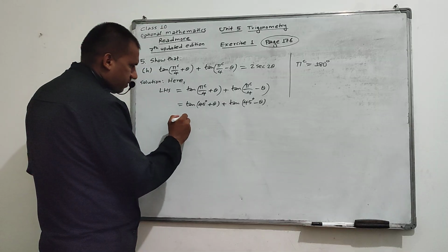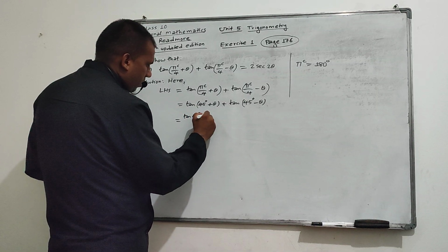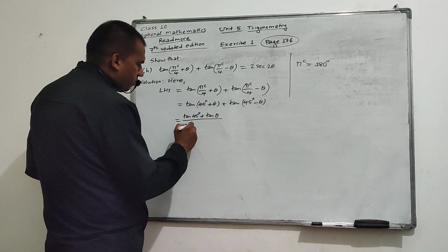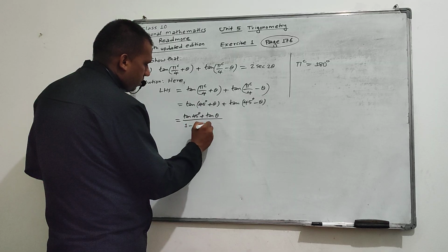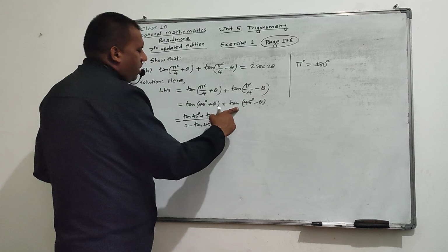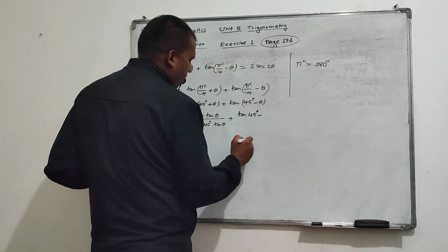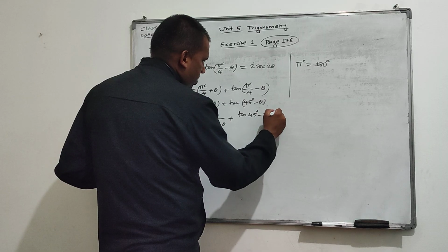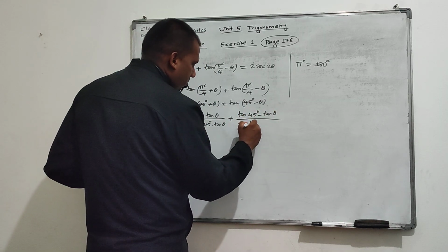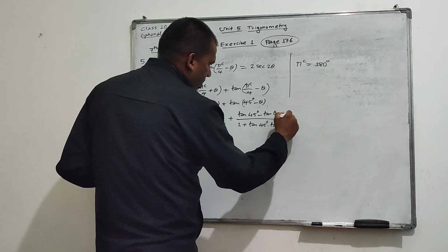Using the formula, tan a plus tan b, tan 45 plus tan theta will open over 1 minus tan a tan b, so 1 minus tan 45 degree tan theta. Here tan(a minus b) comes, so tan a minus tan b, tan 45 minus tan theta will open over 1 plus tan a tan b, so 1 plus tan 45 tan theta.